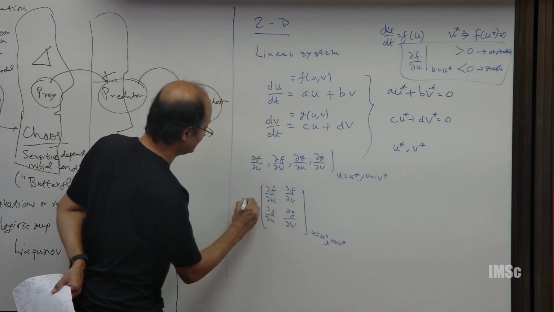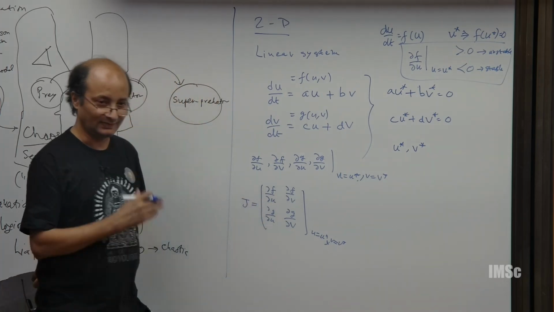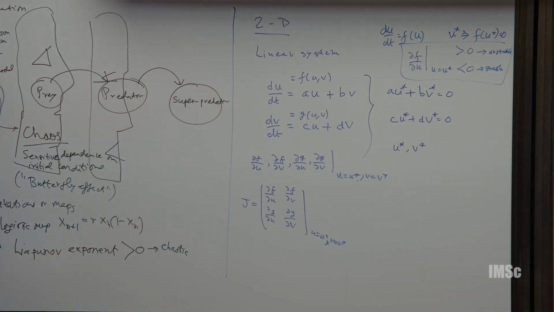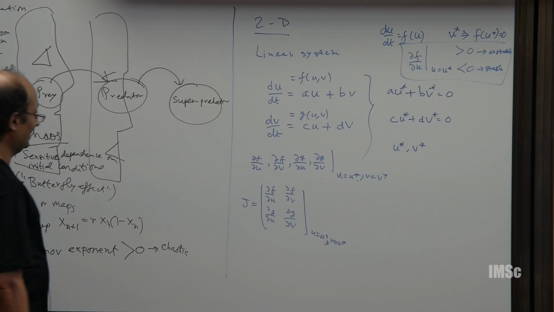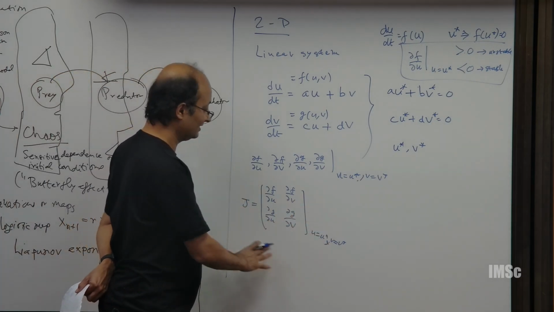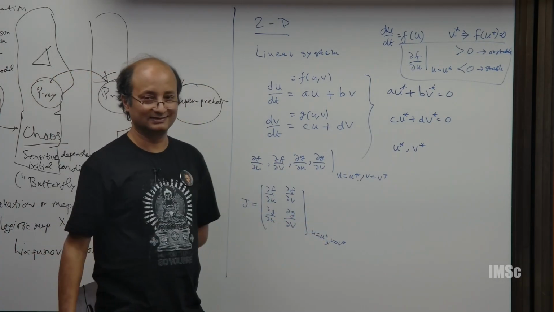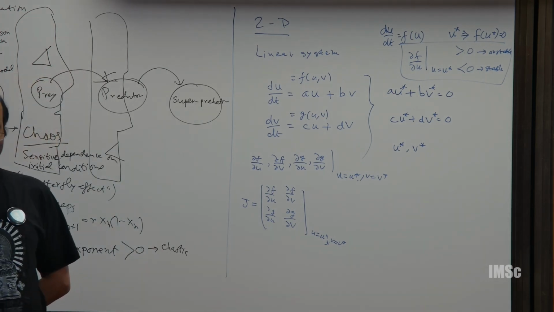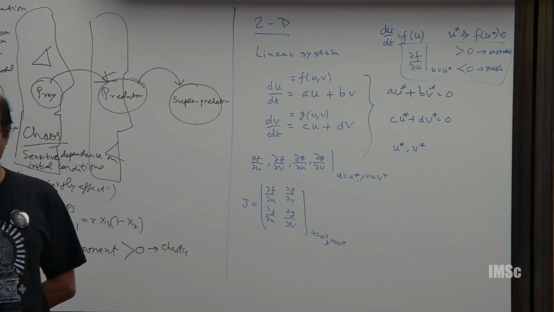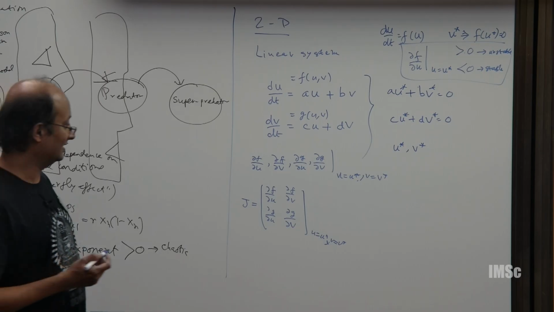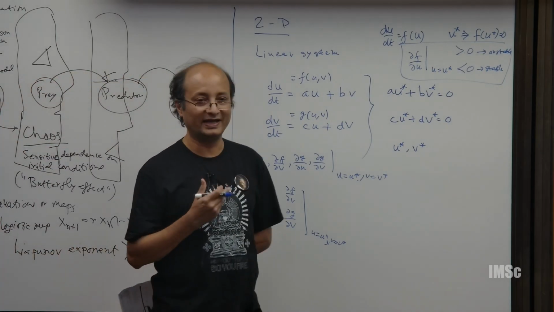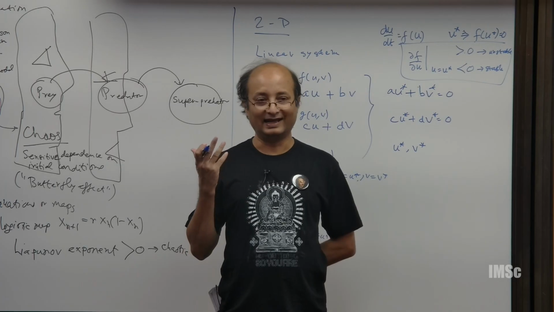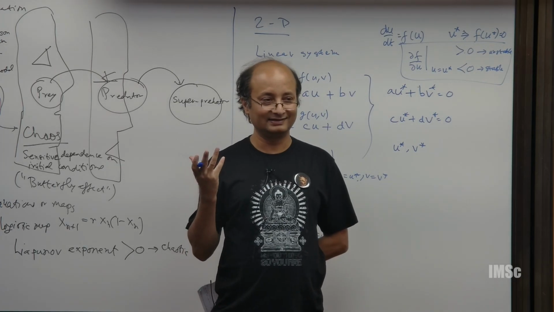Let's call this matrix J. I call it J for a particular reason, because later on we will see that for the nonlinear system, when I linearize, this is called the Jacobian. So, I got a 2 by 2 matrix. But from here, how do I find out the values which will tell me about the stability? Okay. So, this is where your eigenvalue and eigenvector come in handy.